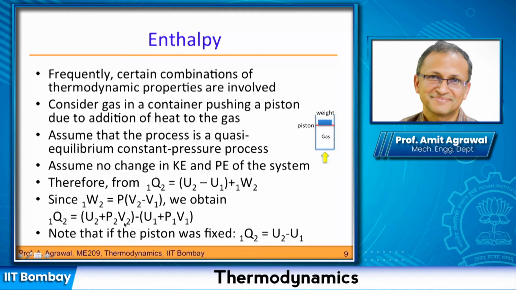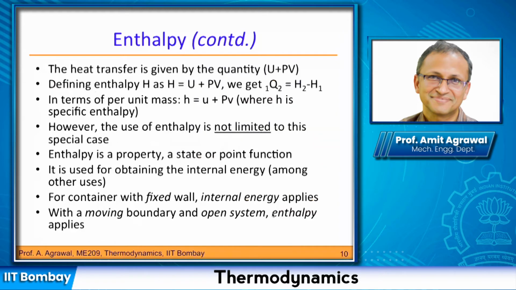But we said that this combination is not going to be limited to only this specific example or case, but it is going to be applicable in general. The basic idea is that internal energy shows up when it's a fixed system, whereas when you're going for something which has a moving boundary, or there is some work being done, or it's an open system where we'll see that work is done, then enthalpy essentially gets involved.